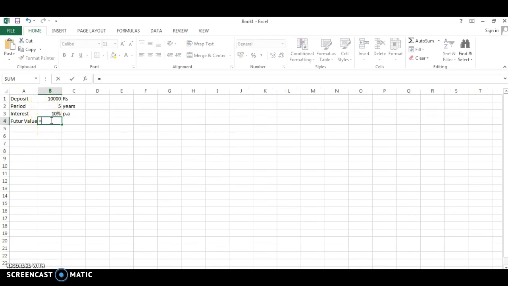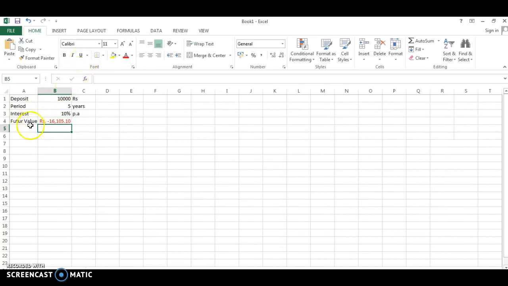So future value is equal to rate, comma, nper, comma, it is not an annuity, so it should be taken as 0, and amount deposited today is 10,000. Type becomes 0, it is not 0, so we are getting it like this.